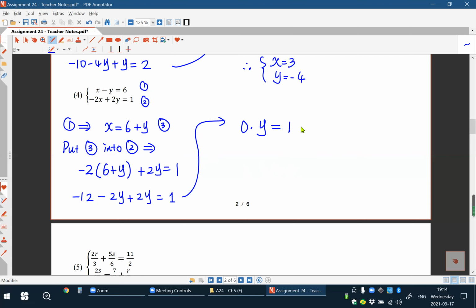Then you will get 13, right? So 0 times a number equals 13. What is this number? Of course, this number does not exist, right? So here we know that there is no solution to the original system. No solution.